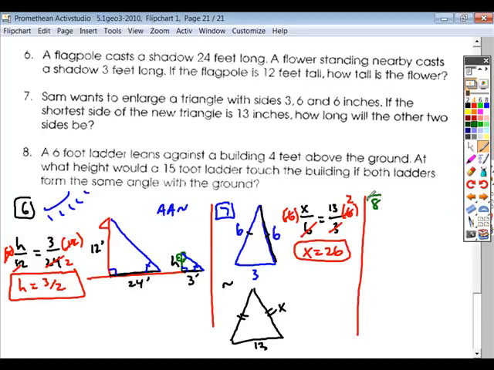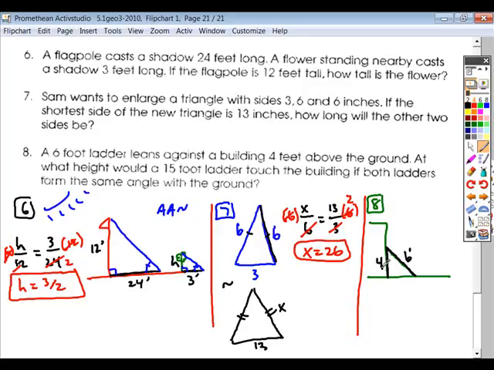Let's take a look at our last sample problem here. This one says a 6-foot ladder leans against a building. So let's say we have our building here, and here is the ladder leaning against the building. It says that it's 4 feet above the ground, so this height right here will be 4 feet.